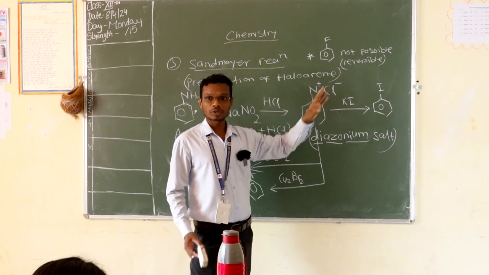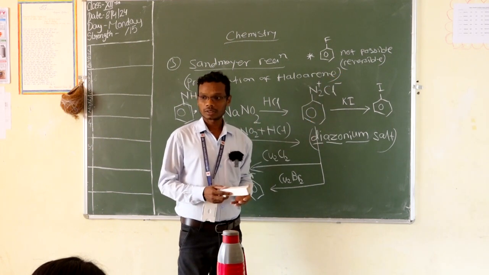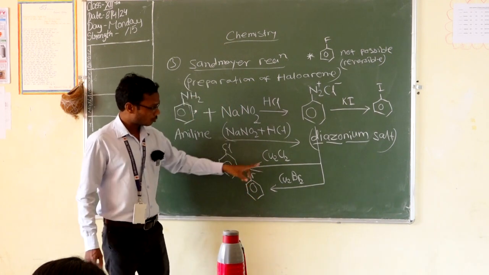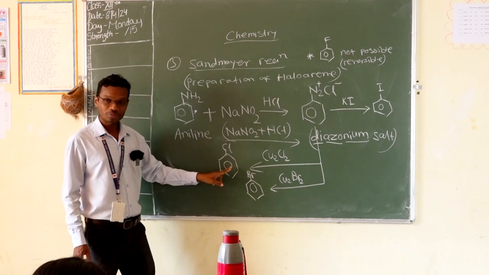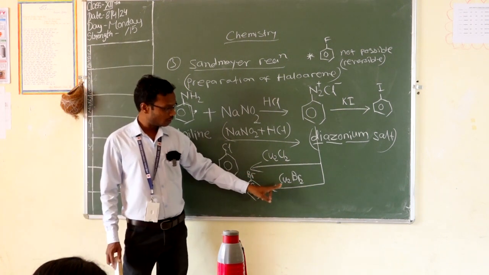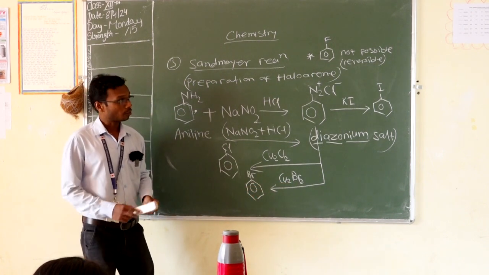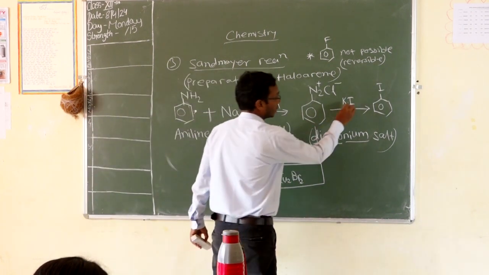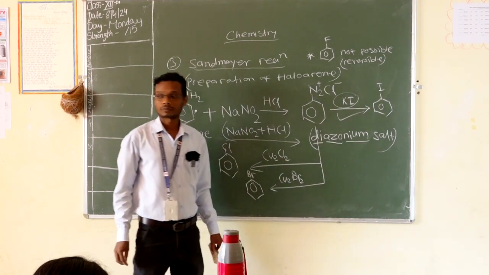Fluorobenzene is not possible because it is a fast reversible reaction and your original product comes back. For chlorobenzene, use Cu2Cl2. For bromobenzene, use Cu2Br2. For iodobenzene, use KI, potassium iodide.